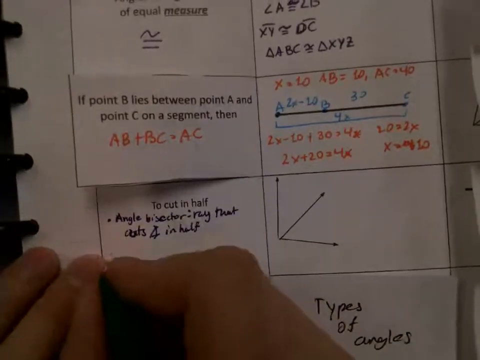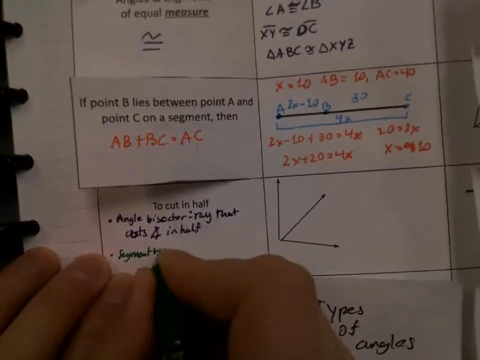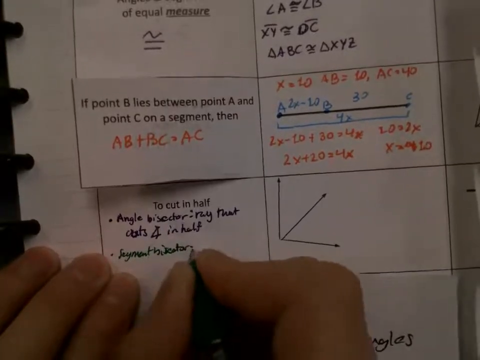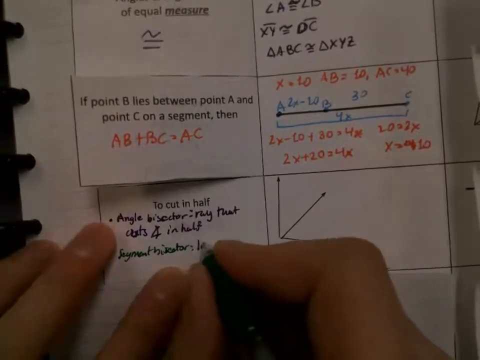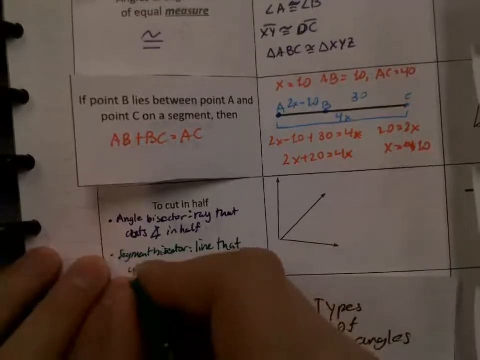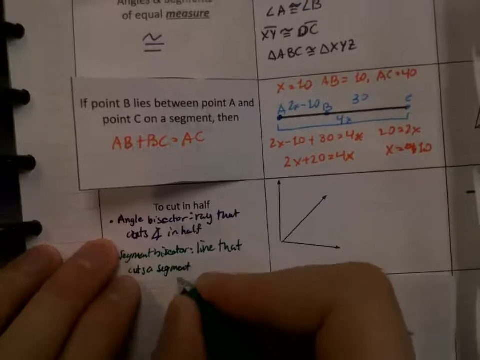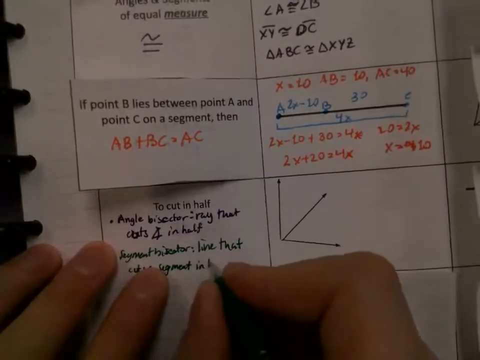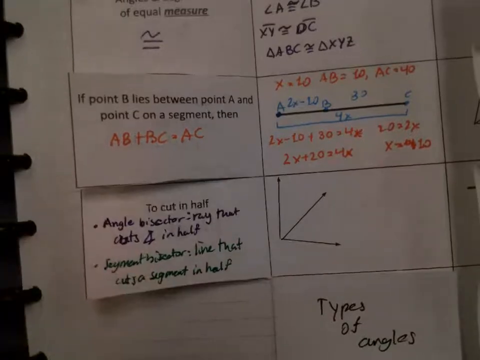Whereas a segment bisector is a line that cuts a segment in half.